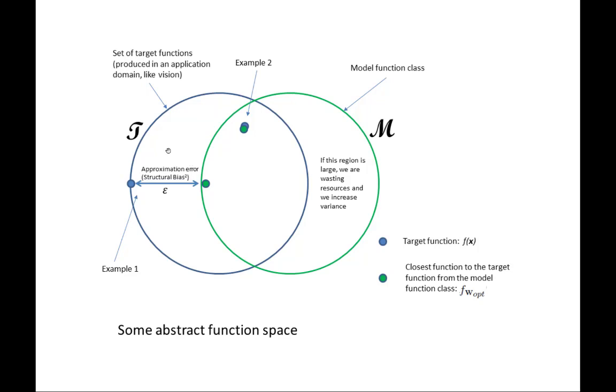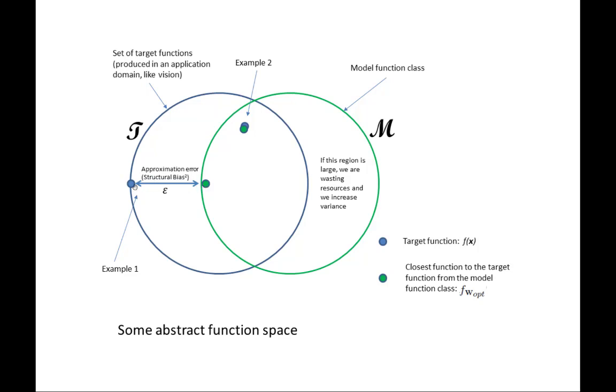Here it looks a little bit worse because there's not complete overlap. There are some functions here, the blue ones, which cannot be modeled by any function out of the model class, and we are interested in this epsilon. What is the largest distance, the worst case situation, of a function which can be fitted by a function from the model class?